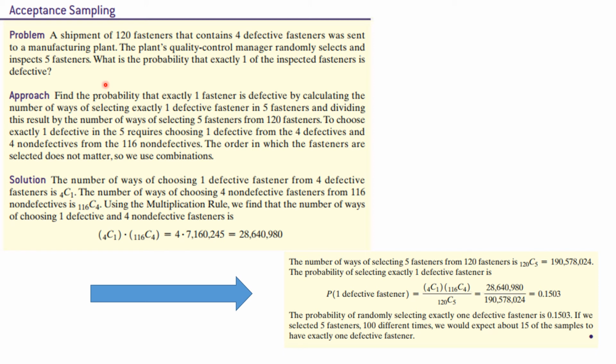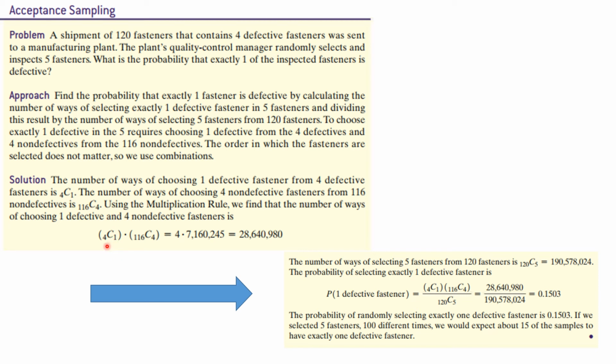Let's talk about acceptance sampling. A shipment of 120 fasteners containing 4 defective fasteners was sent to a manufacturing plant. They randomly select and inspect 5 fasteners. What's the probability that exactly 1 of the fasteners is defective? Well, the solution is there are 4 that are defective, so first you pick the defective.